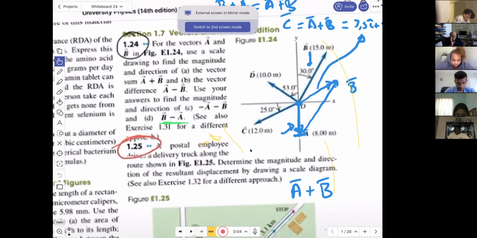But let me explain. We go step by step. My idea is that the basic thing that you have to know in this subject is only vectors. The basic idea, you catch it. Now we'll go to the details. But if you don't catch the basic idea and we want to go very fast to the detail, you will not catch the detail and you will not catch the basic idea.